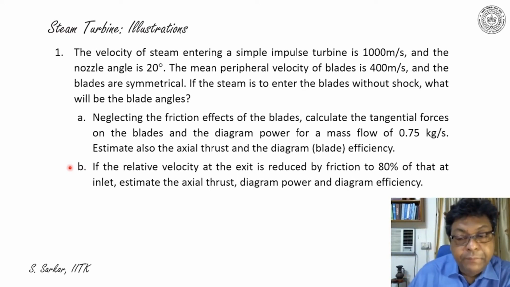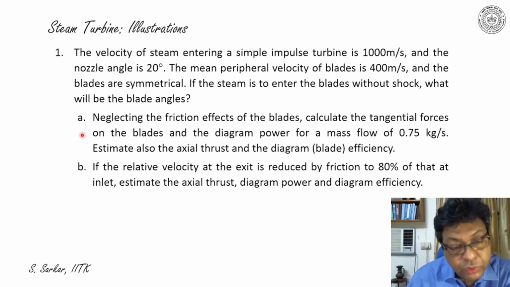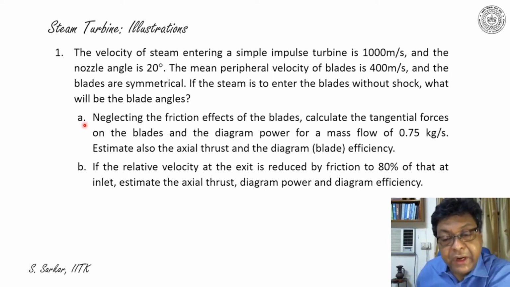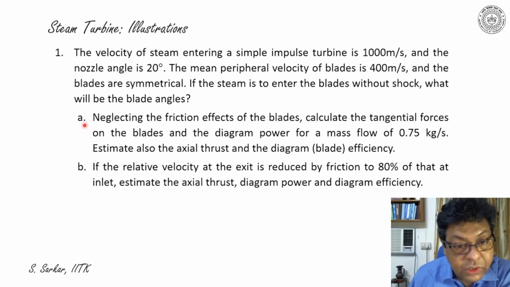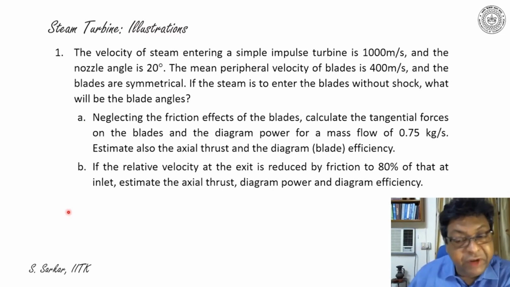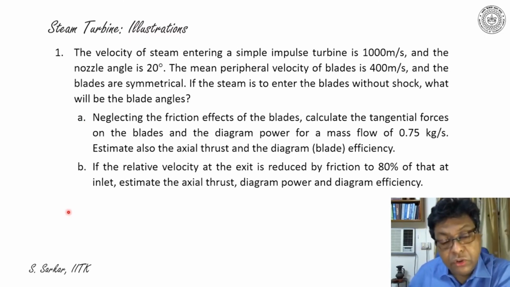So once considering no friction, you'll have to estimate the axial thrust and diagram efficiency. When there will be friction, then also you are asked to estimate axial thrust, diagram power and efficiency. So I'll solve the problem now.